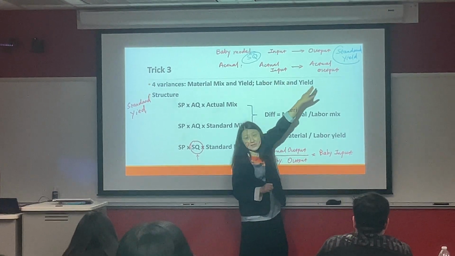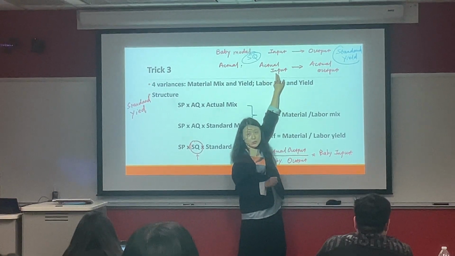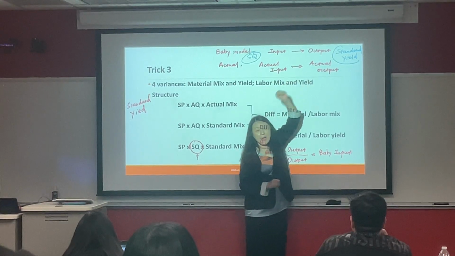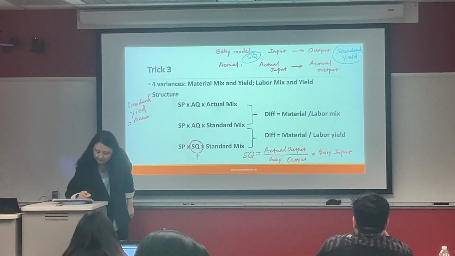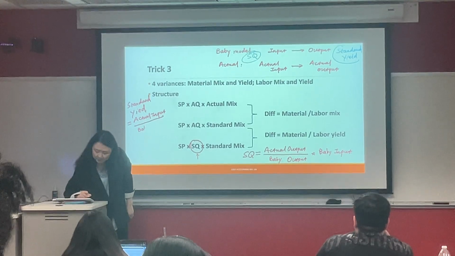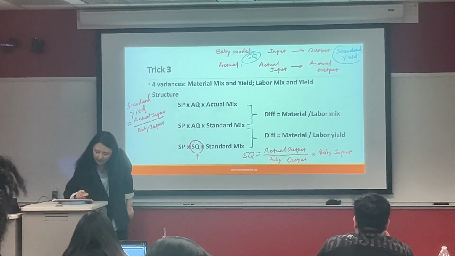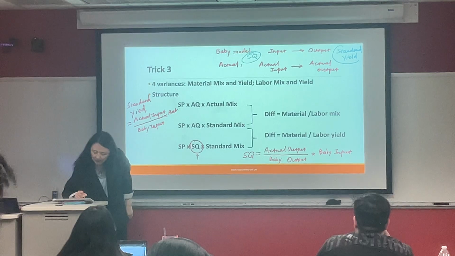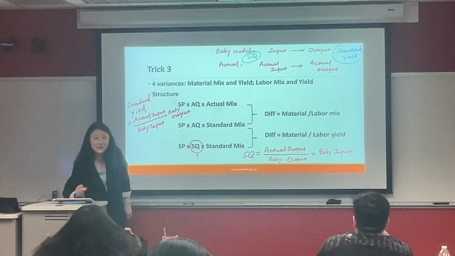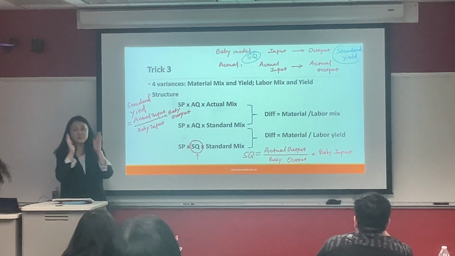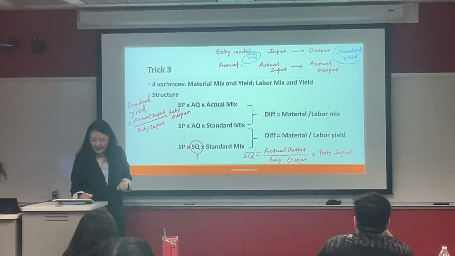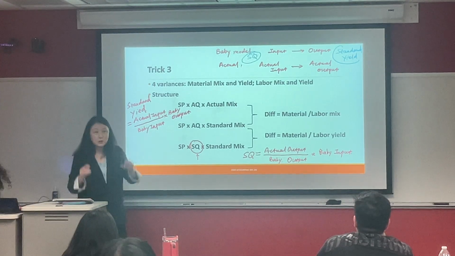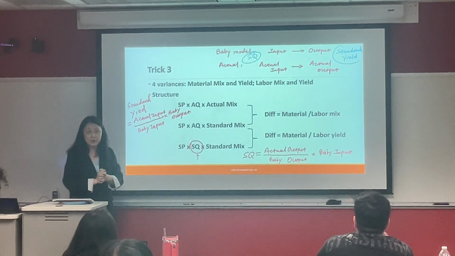If I wanna calculate standard yield, I start with the actual input, go into the baby input, and then the baby output. So that will be actual input divided by the baby model input and multiplied by the baby model output. That is your standard yield. It's all about writing down your baby model and the actual model. If you can get that correct, your thinking will be completely clear.